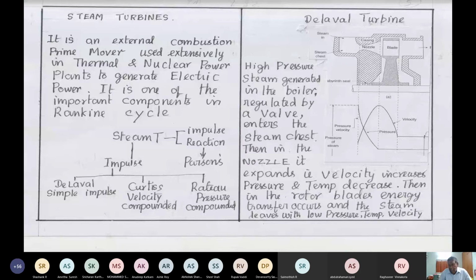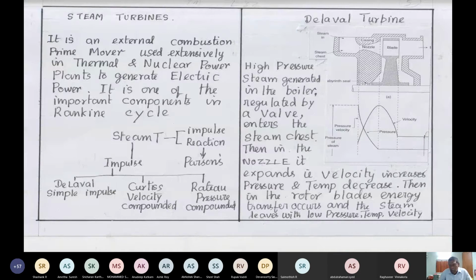De Laval, the Swedish inventor, gave us this turbine, which I think is not very much used because these turbines run at extremely high speeds. But another important thing is, you might know about the CD nozzle, the converging diverging nozzle.